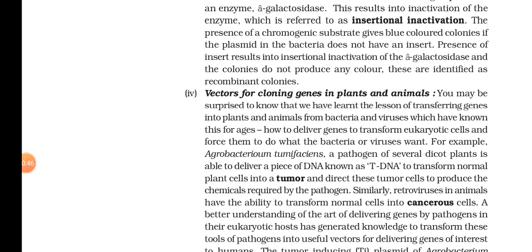And this tDNA that transforms the normal plant cell into a tumor also directs the tumor cells to produce the chemicals which are required by the pathogens. Understood? So in this way they work, and in this way only, another group of viruses known as retroviruses can also convert normal cells into cancerous cells.